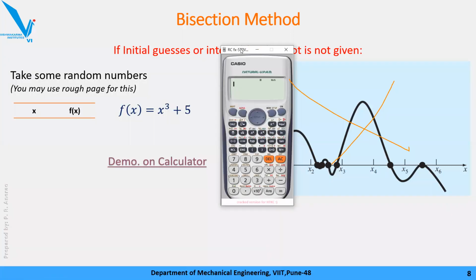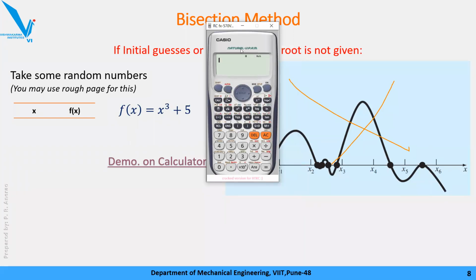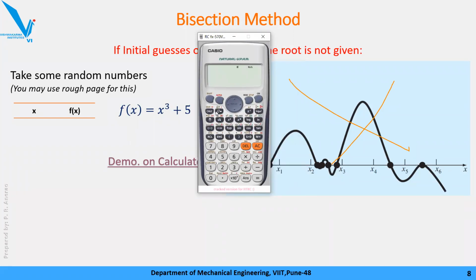So this is your calculator. अब आप यहाँ पे एक दो चीज सीखोगे, देखो, you might be knowing this. So what I'll do, I'll first put this function in our calculator. Okay, so function put करते कैसे, alpha x cube, okay, x cube plus 5.